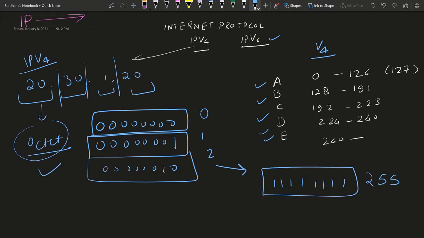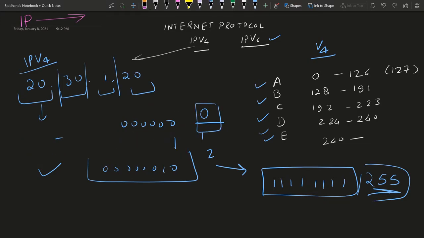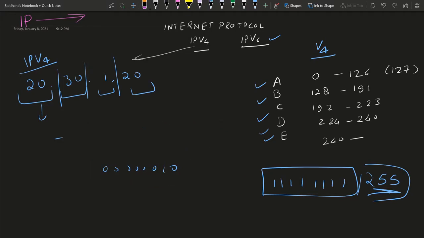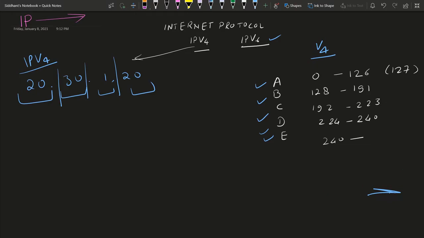So in an octet there can be values from 0 to 255. This is the maximum and this is the minimum value which can be in an octet. So in an IPv4 address we will use a value between 0 to 255. 255 is the maximum, 0 is the minimum. So like this, 20.30.1.20 is a valid IPv4 address. There will be 4 octets and they will be divided by a dot, or you can say a point.